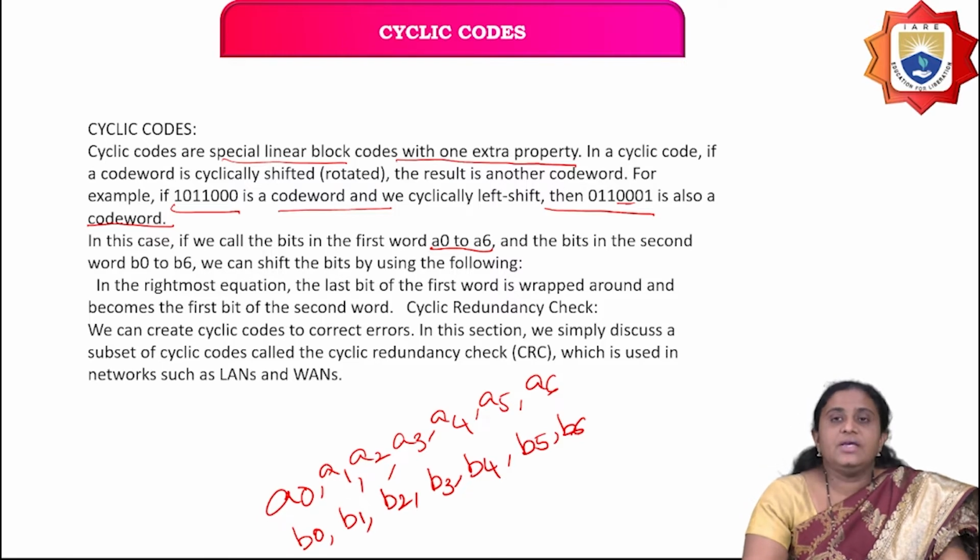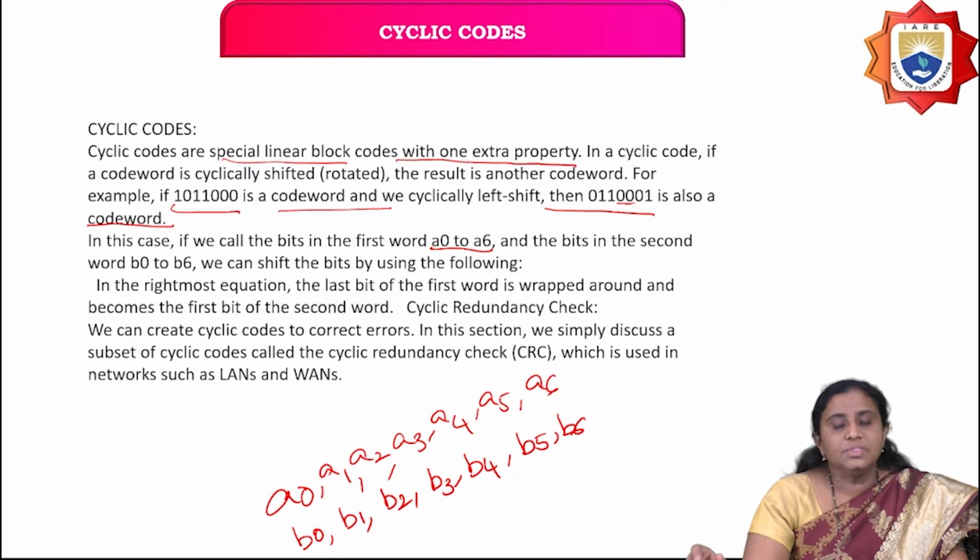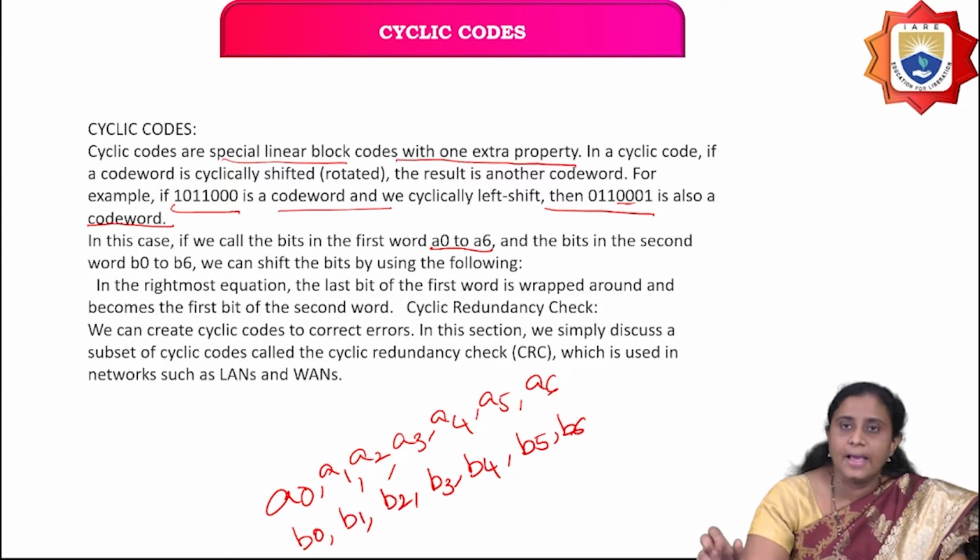In the rightmost equation, the last bit of the first word is wrapped around and becomes the first bit of the second word.